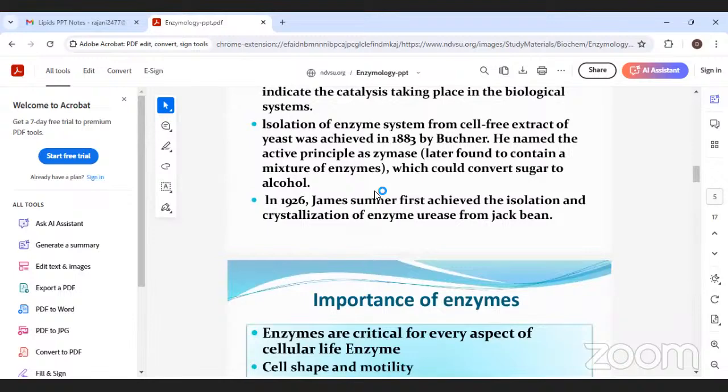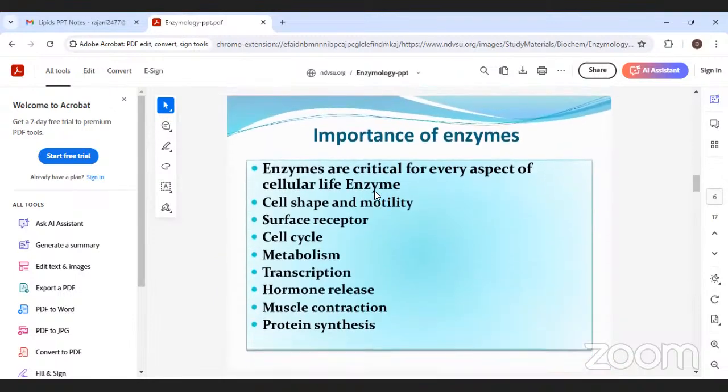This is the history. Now, what is the importance of the enzyme?